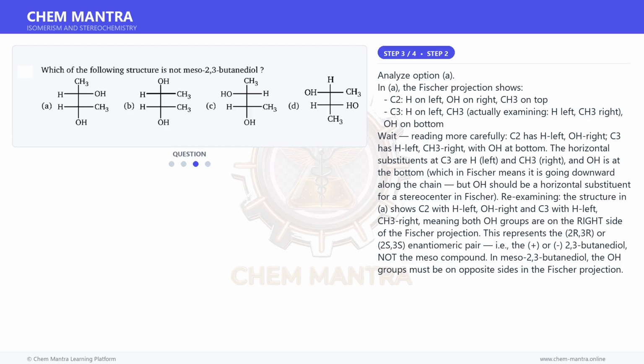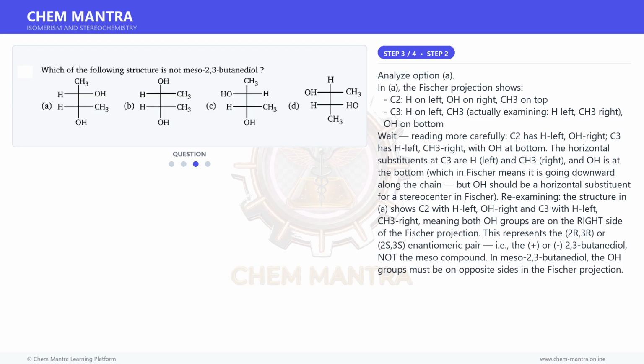Analyze option A. In A, the Fischer projection shows C2 with H on left or on right, CH3 on top. C3 has H on left, CH3, actually examining H left, CH3 right or on bottom.